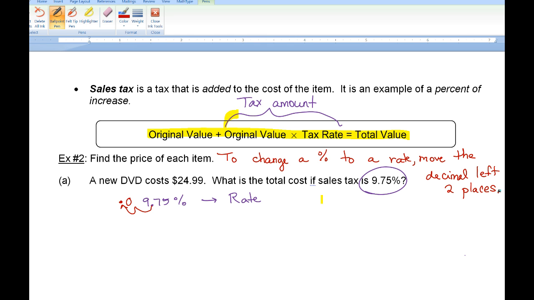Do you guys remember that? And if you have a blank spot, you always put in a 0. So it should be 0.0975.